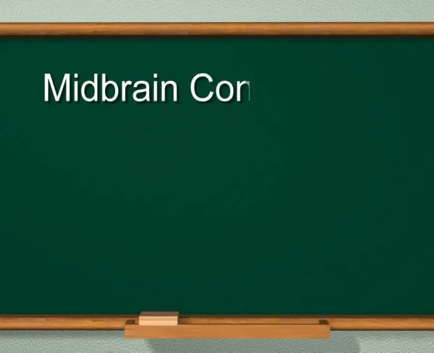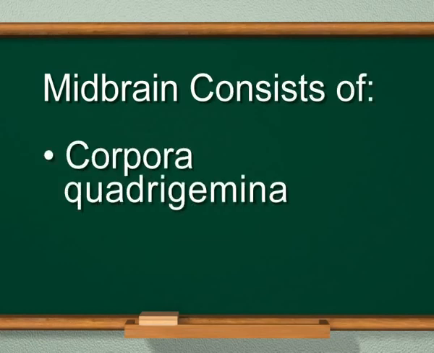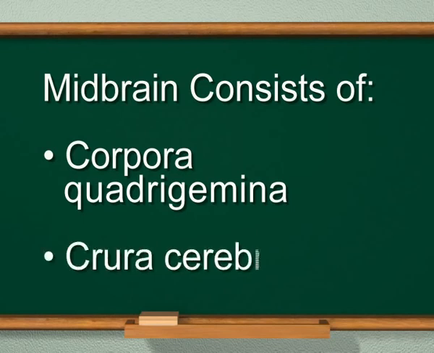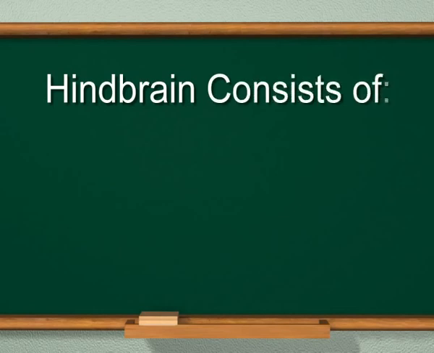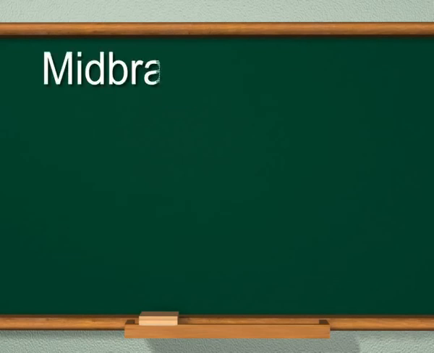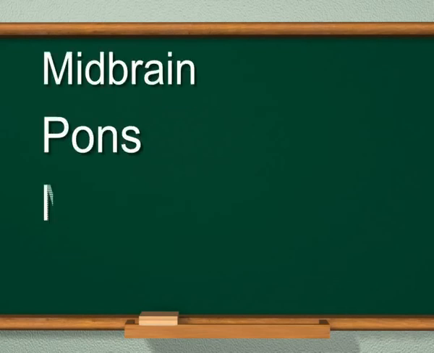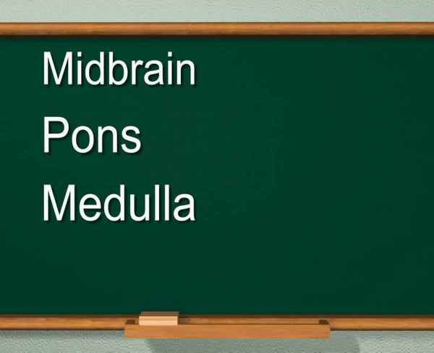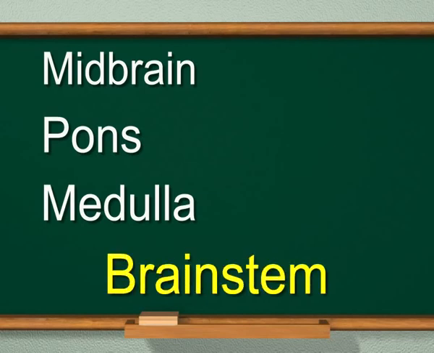The midbrain consists of two structures, corpora quadrigemina and crura cerebri. The third part, the hindbrain, comprises the pons, cerebellum and medulla. You know the midbrain, pons and medulla are together referred to as the brain stem.